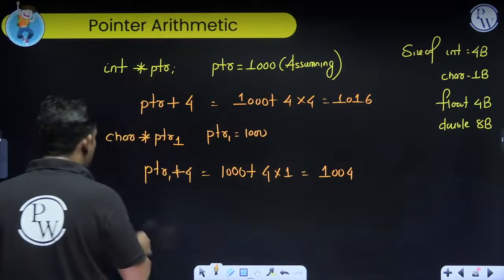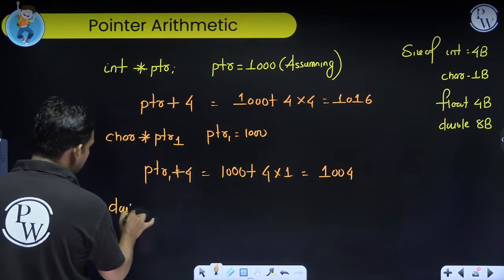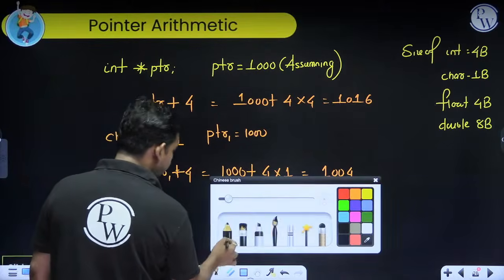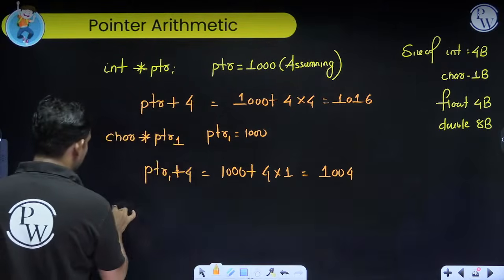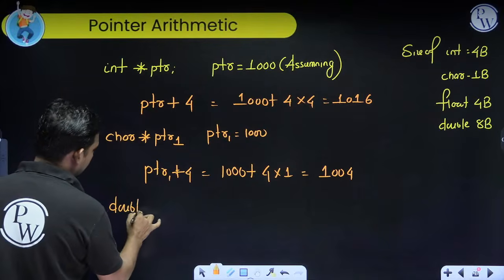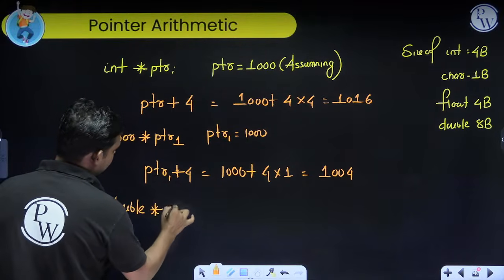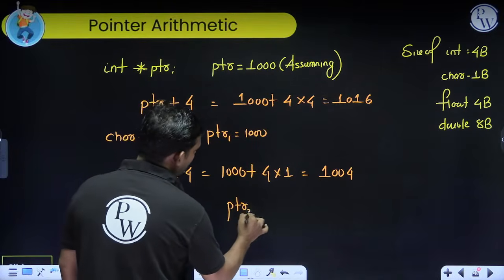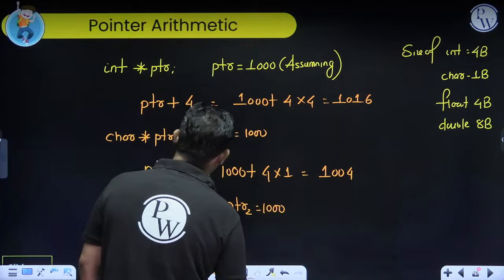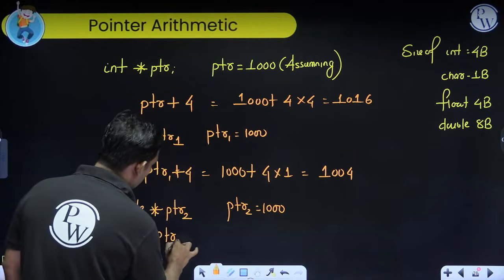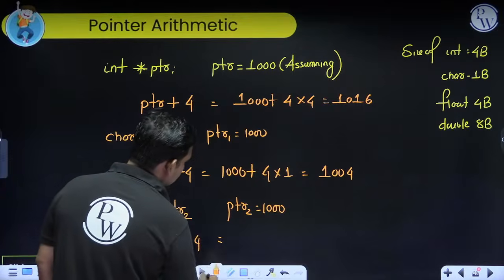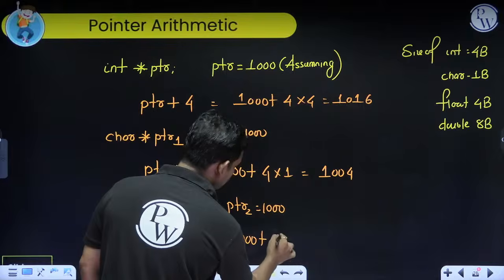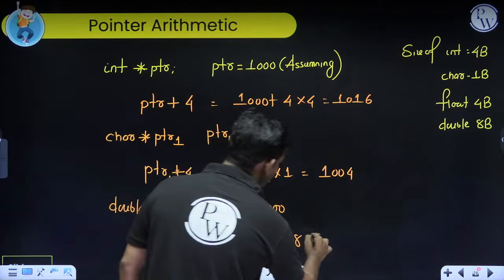If I take a double pointer ptr2, and assume ptr2 is equal to 1000, and I say ptr2 plus 4, then it will be 1000 plus 4 into 8, and it becomes 1032.